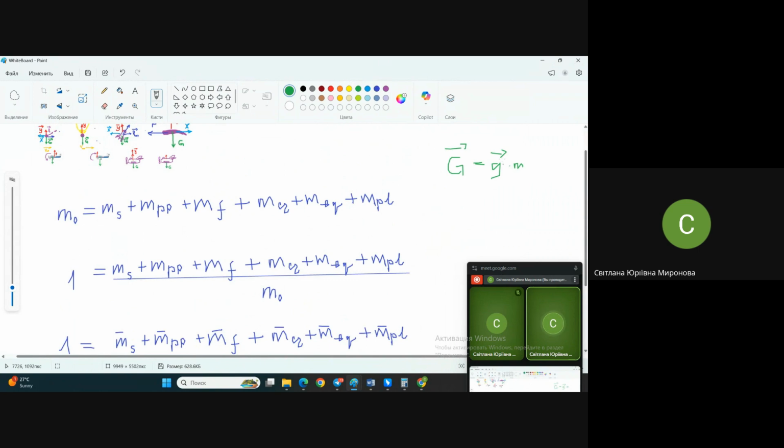But if we talk in the most common, most simple way, if we're talking about Earth, not about the Moon or some other spacecraft, we're talking about an airplane near the Earth. We may say mass, we may say weight, meaning the same in this case.